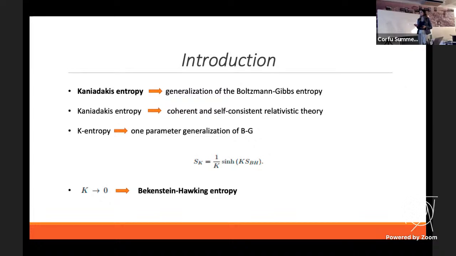K is a dimensionless parameter of the model, and S_BH is the Bekenstein-Hawking entropy. Indeed, if K goes to 0, this equation gives the Bekenstein-Hawking entropy.